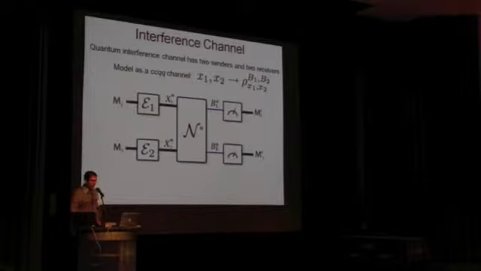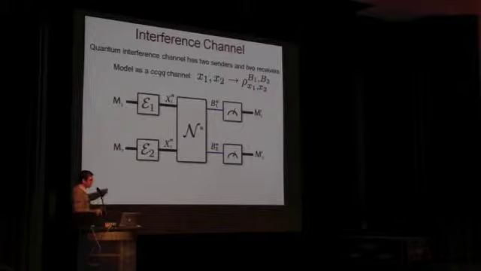The information processing task is that sender 1 wants to transmit some message M1 over the channel and encodes this message into a form that can be input into many uses of the channel. Sender 2 likewise prepares some message M2 that she then encodes into a classical codeword that can be input into many uses of the channel.